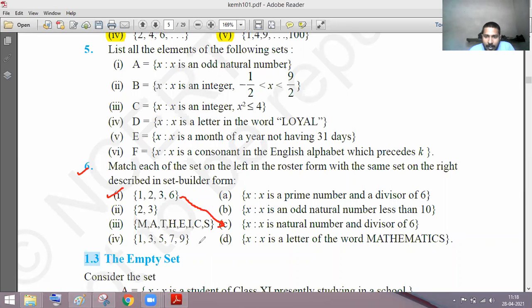A, sir. Okay, A. Prime number, divisor of 6. And everyone knows about this. Third is D. And obviously the remaining will be B: an odd natural number less than 10. So this will be the 2. Clear?